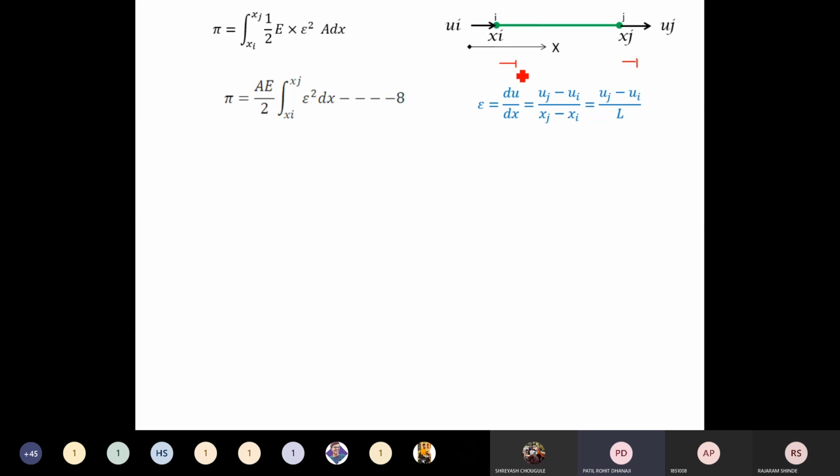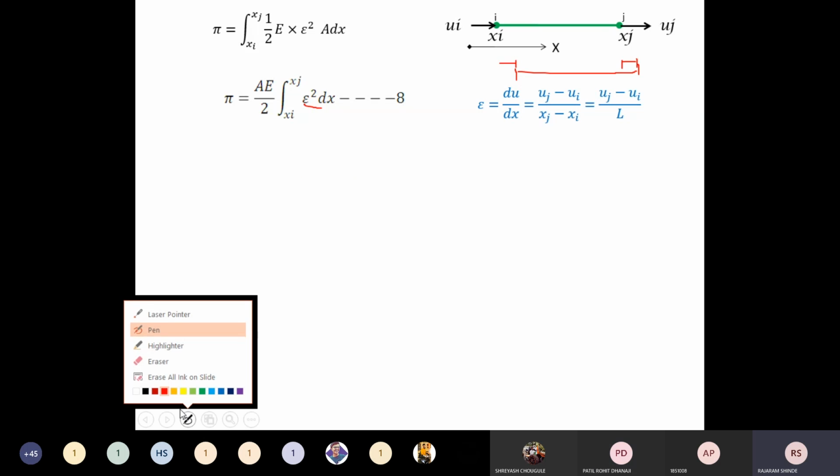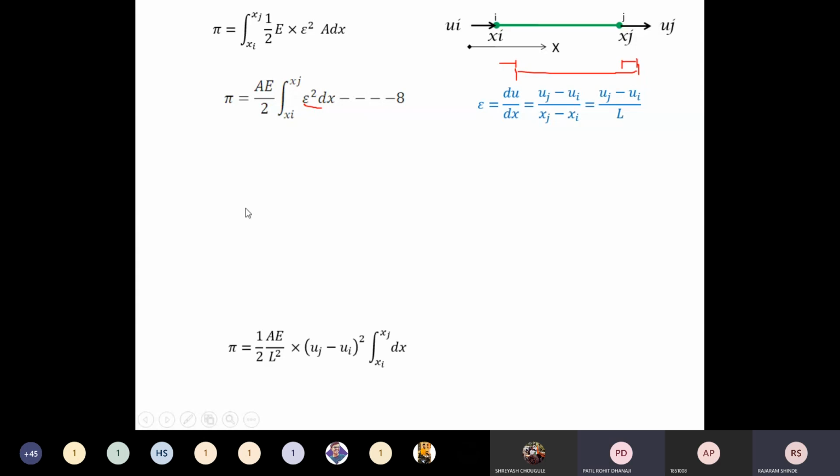Now, the difference between these two is uj minus ui, and that is your deformation per unit length dx, and uj minus ui divided by xj minus xi, uj minus ui divided by L. Now this I can replace by uj minus ui divided by L. So your equation of strain energy becomes half of L square.